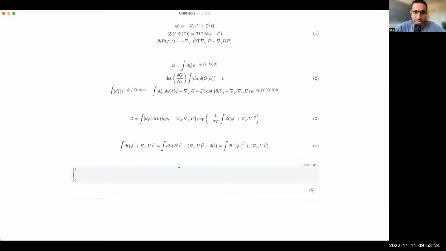While I plug this in, I shall simultaneously exponentiate this determinant by introducing two sets of Grassmann fields, psi and bar psi.